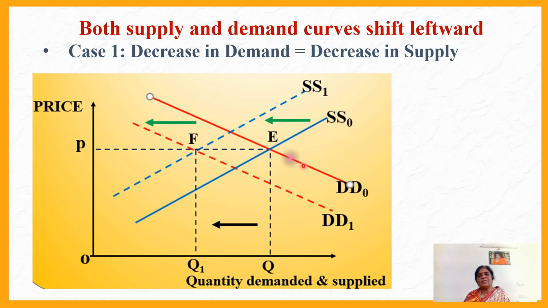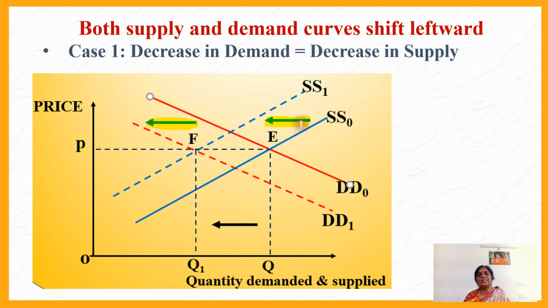SS0 and DD0 intersect at point E. What will happen after the shift? You can see that after the shift, SS0 moves in the direction shown by this arrow, leftward. The demand curve's direction of shift is also shown by this arrow, which is leftward.